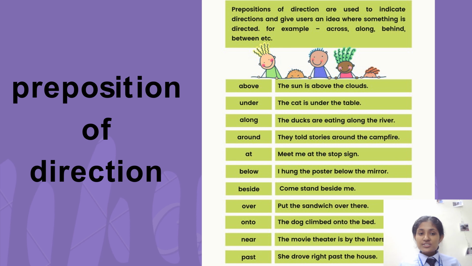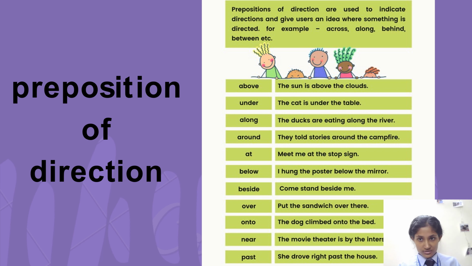Now, prepositions are basically of three types. The first one which we're discussing is the preposition of direction. Now, what is preposition of direction? Such words or prepositions that are giving you the direction about the subject or about the noun, which indicates the directions.